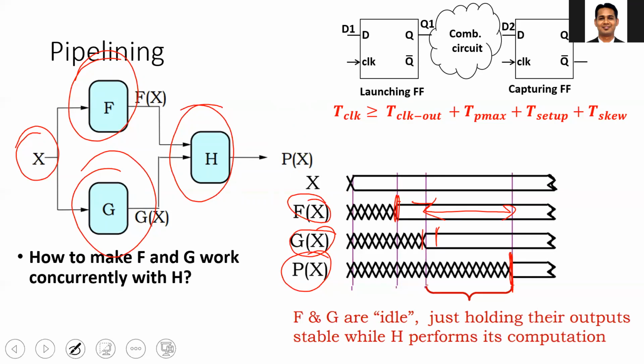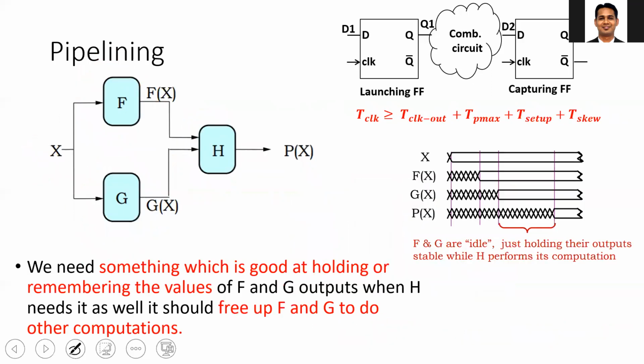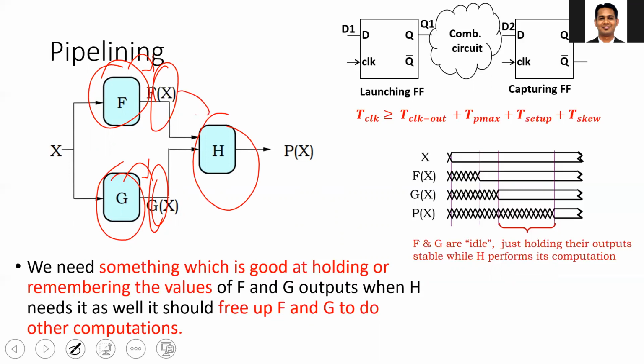How to make F and G work concurrently with H? My target is that I want H, F and G to be active at all times, so that I can make more efficient use of all these circuits. What does it mean? We need something which is good at holding or remembering the values of F and G. Once F and G complete their computation, we need to add something here so that it can capture the values of F and G, so that F and G can start working on the next set of data, and H can take the data from here and process it.